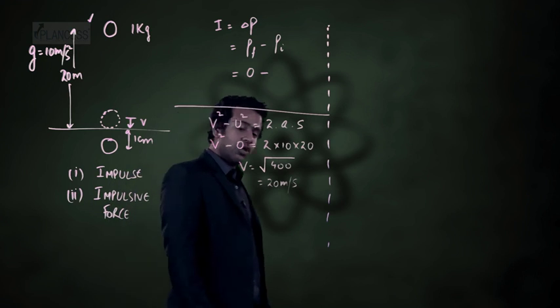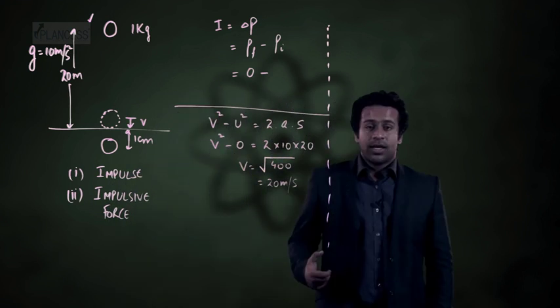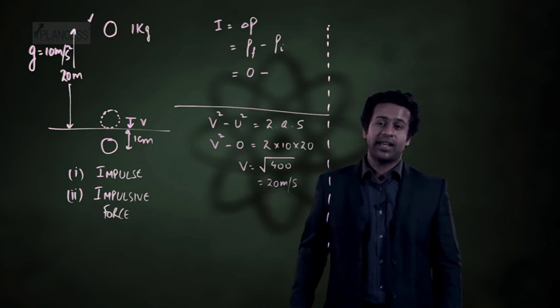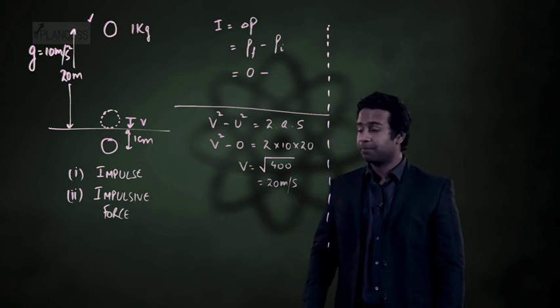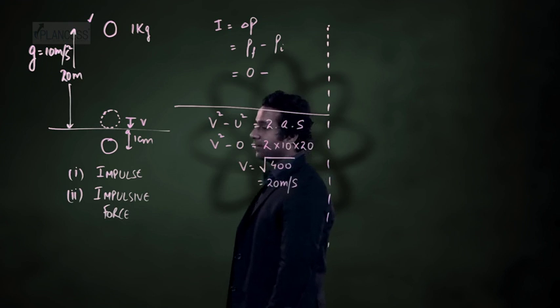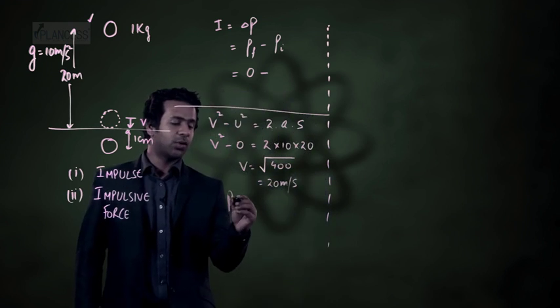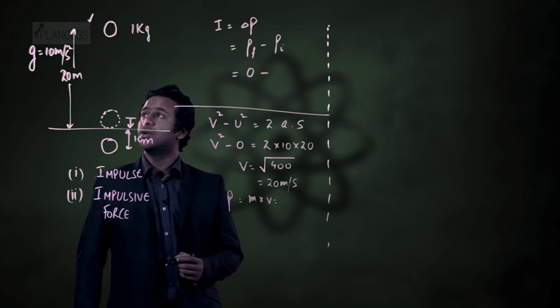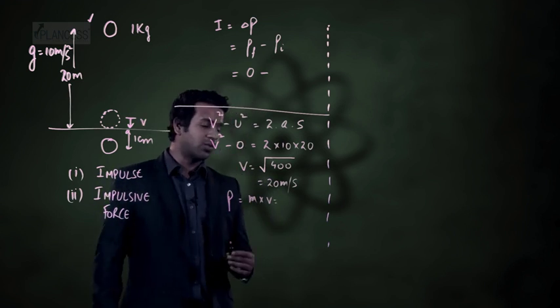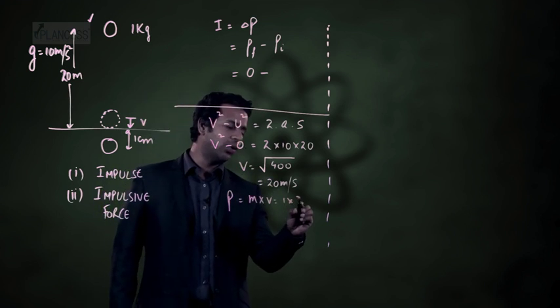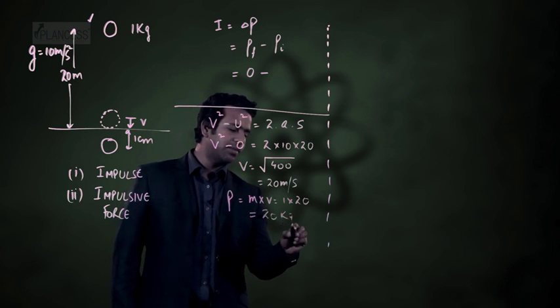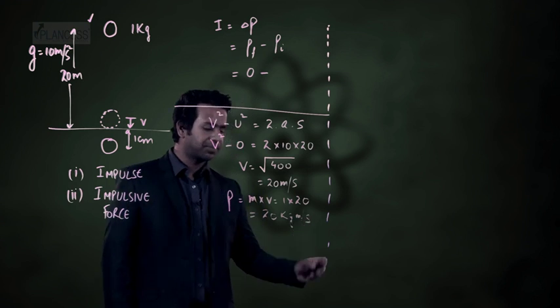Right. So if its speed just before hitting ground was 20 meter per second, then the momentum, which we know is equal to mass into velocity, will be equal to, the mass of this ball was 1 kg, so 1 into 20 becomes 20 kg meter per second.